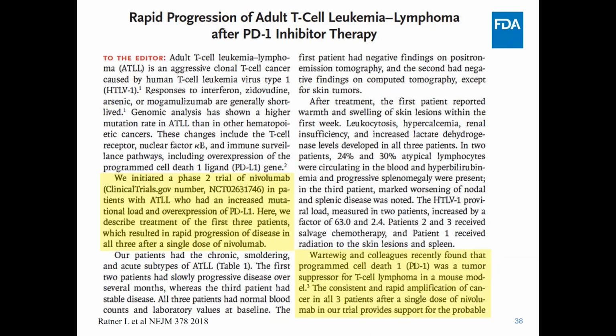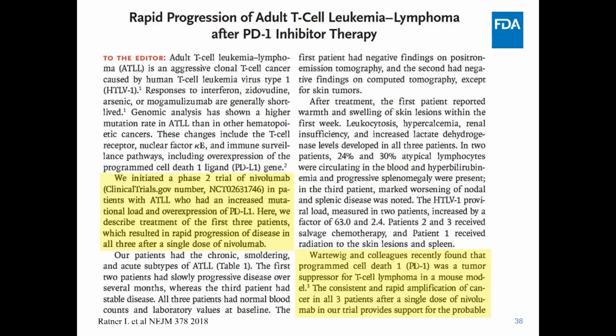I mean, a perfect scenario for blocking the PD-1 axis. Here they describe treatment of the first 3 patients, which resulted not in elimination, but in rapid progression of disease after a single dose.